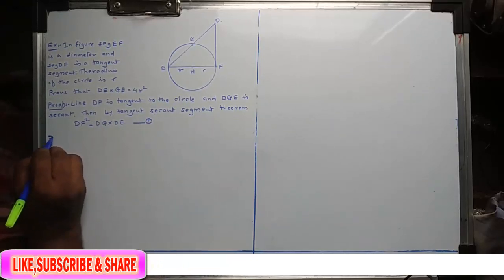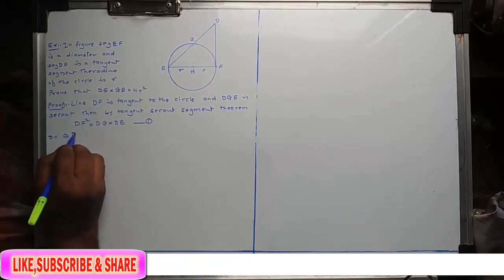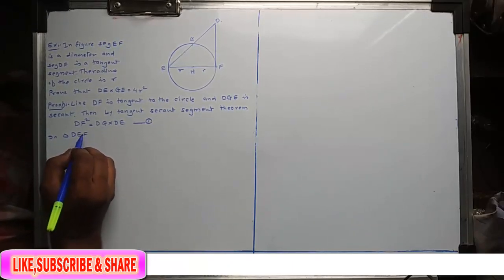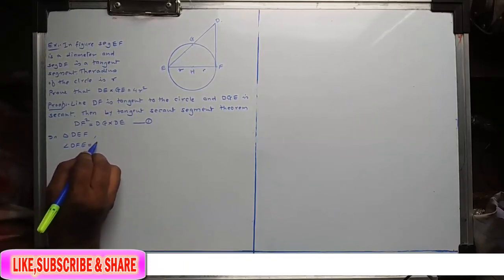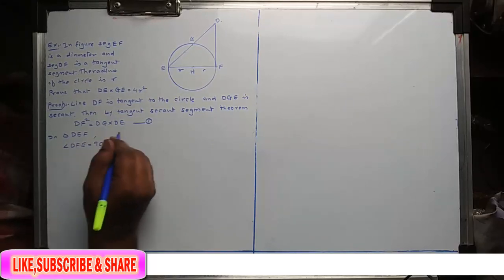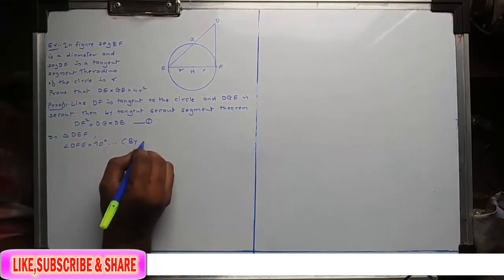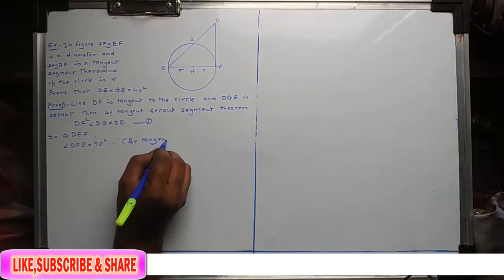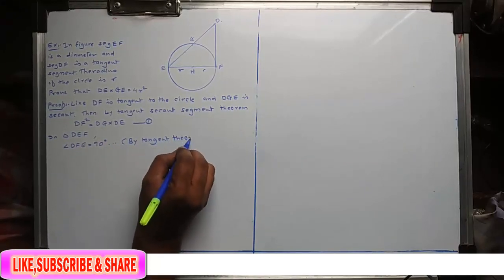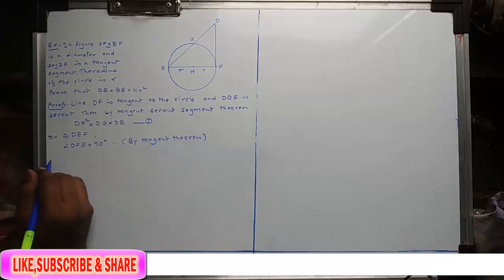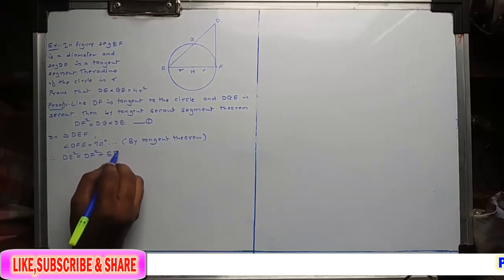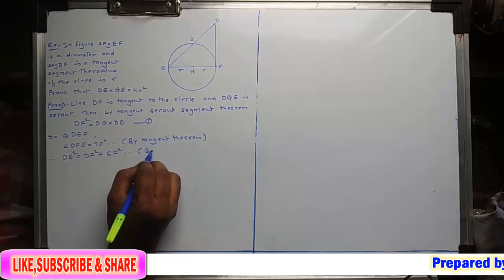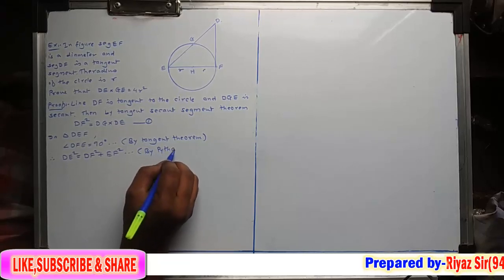Now in triangle DEF, angle DFE is equal to 90 degrees by tangent theorem, the first theorem from this lesson, and therefore DE square is equal to DF square plus EF square. Yes, reason is by Pythagoras theorem.